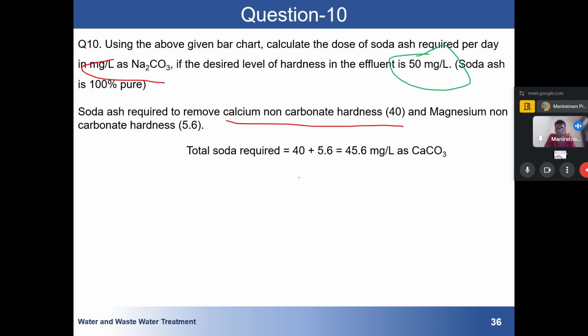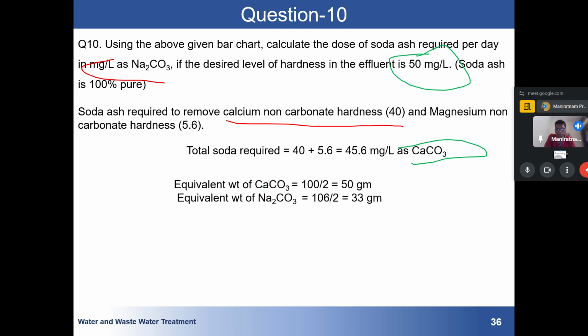I hope this is clear, how this 40 and 5.6 came, and this was in the form of calcium carbonate. So the equivalent weight of calcium carbonate is 100 divided by 2, that is 50 gram, and the equivalent weight of Na2CO3 is 106 divided by 2, that is 53 gram.